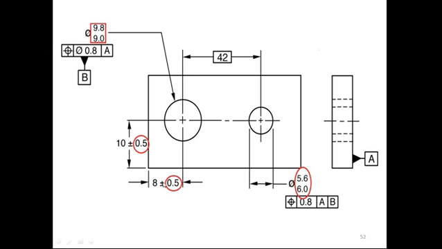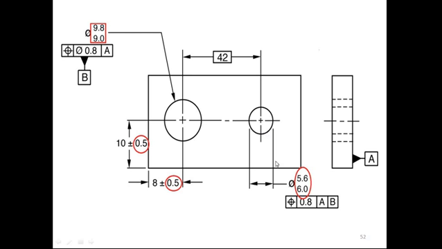Now this dimension means 8: the distance between this center and this surface is 8 mm, and the allowed variation is plus minus 0.5 mm. This other distance between this center and this surface is 10 mm, and the allowable variation is plus minus 0.5 mm.